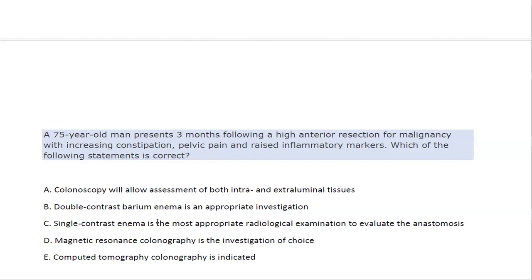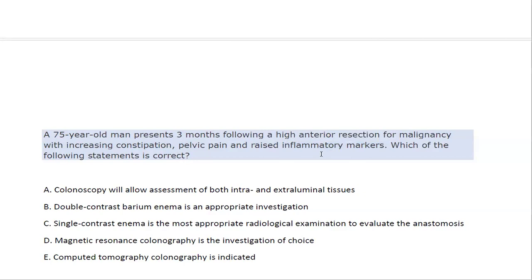So what is the main problem here? The patient, 3 months following a high anterior resection for malignancy, has constipation, pelvic pain, and raised inflammatory markers. So what is the most likely diagnosis here? You are suspecting something, and then you choose the investigation regarding this.